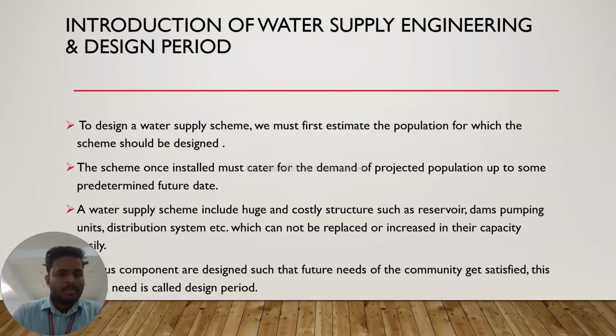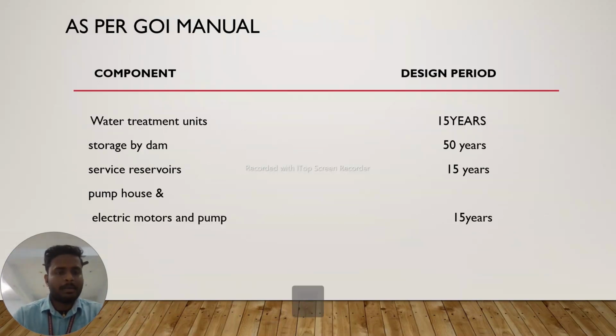A water supply scheme includes huge and costly structures such as reservoir, dam, pumping units, and distribution system, which cannot be replaced or increased in their capacity easily because they are vast. So once installed, it can be reused and the community gets satisfied, and that period is also called the design period, right?